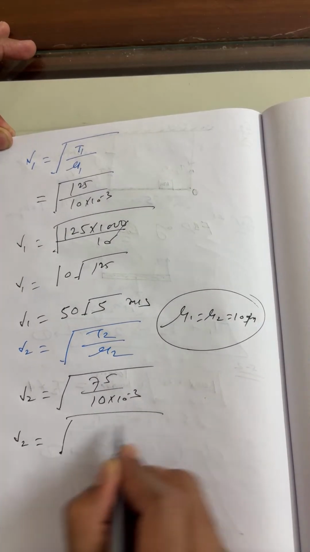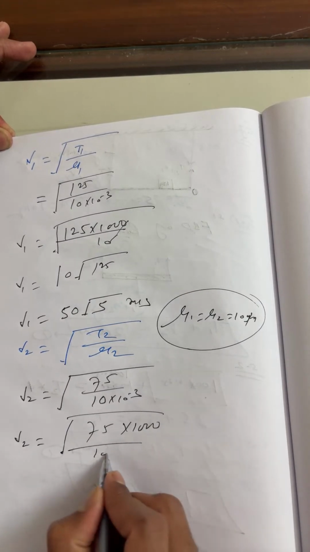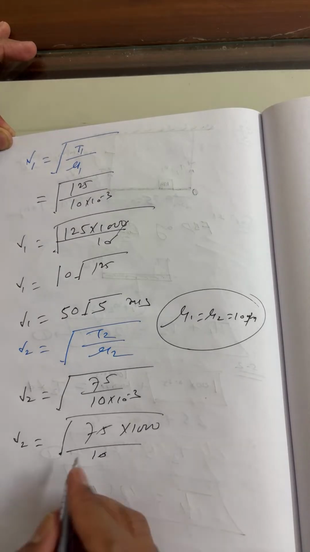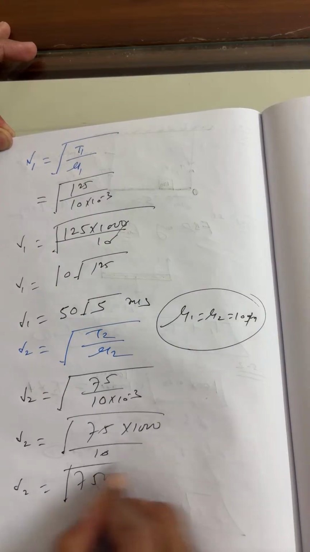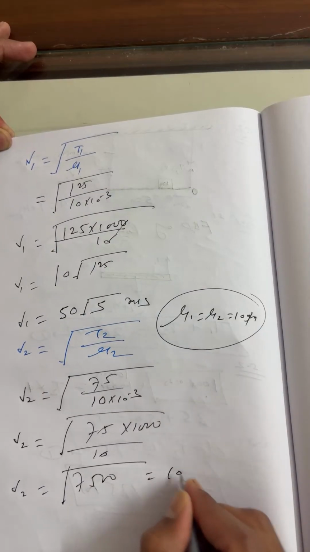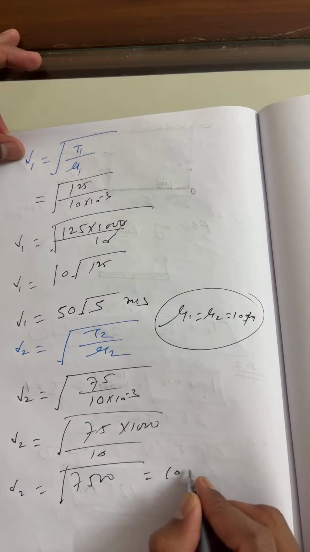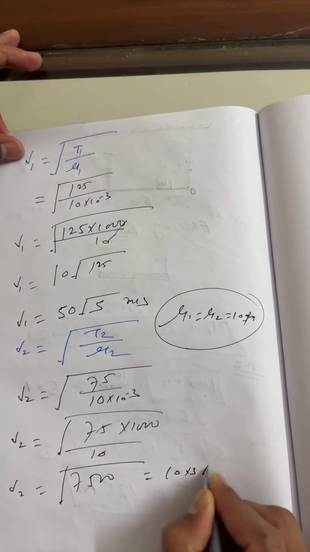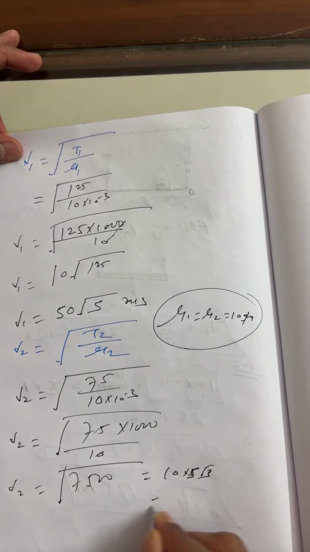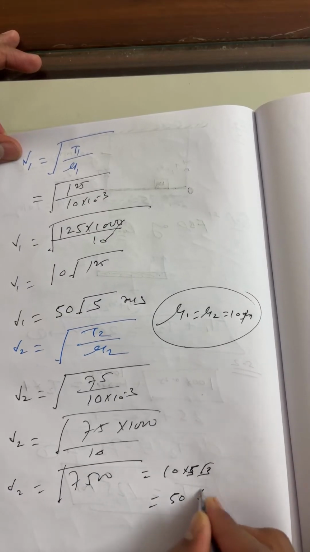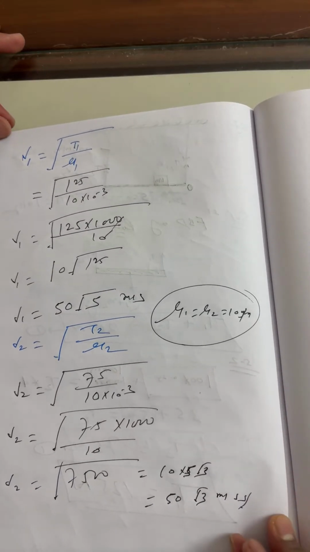So V2 you can write 75 into 1000 upon 10. This is 7.5, so this is 7500 meter squared per second squared. So you can see 5 root 3, 5 coming out. So this is what you can say, 50 root 3 meter per second. This is the answer here.